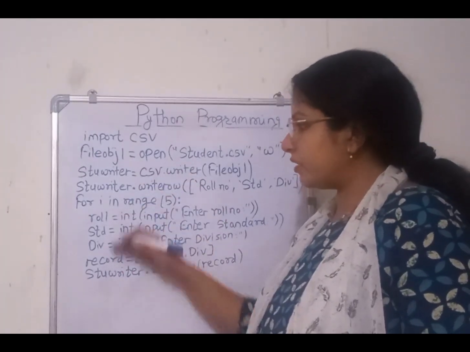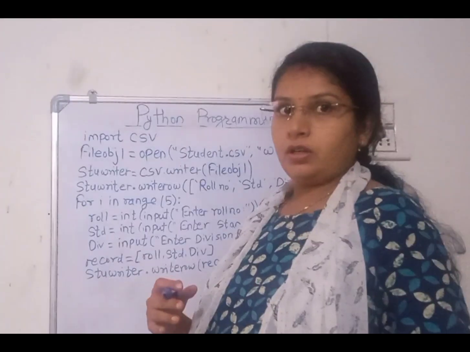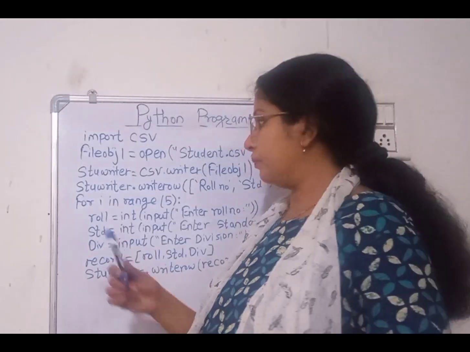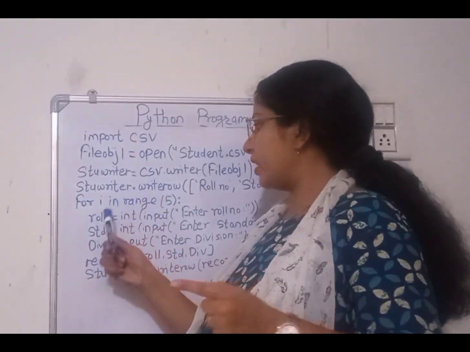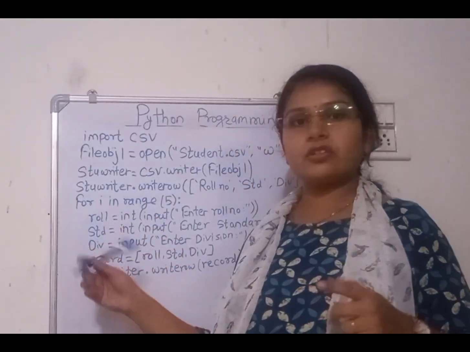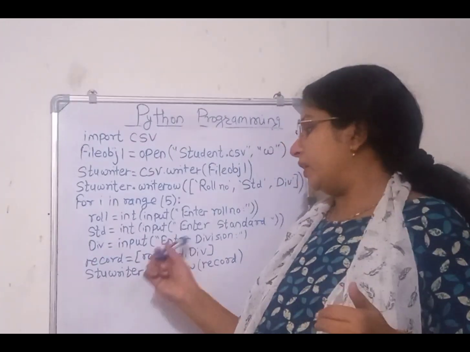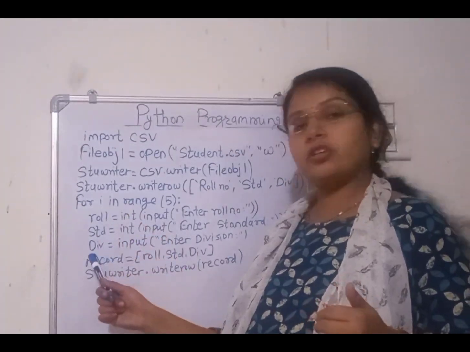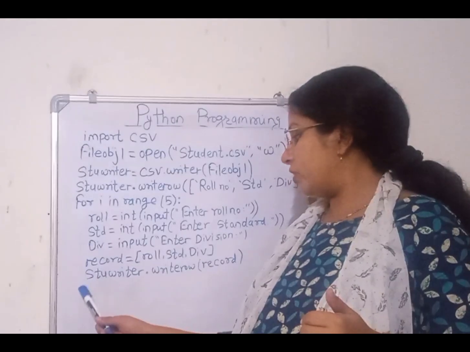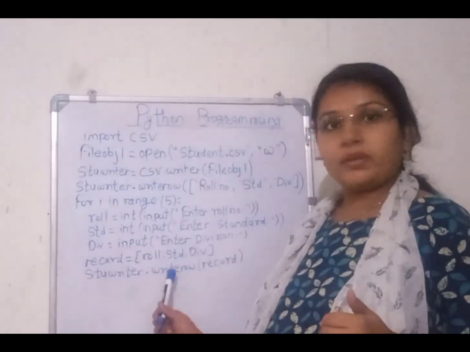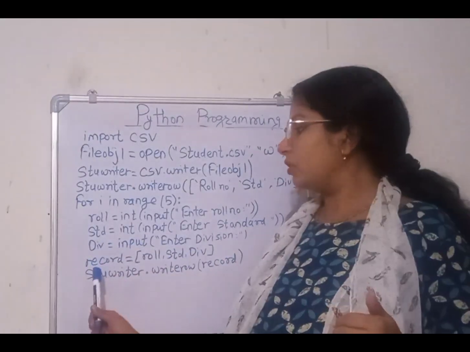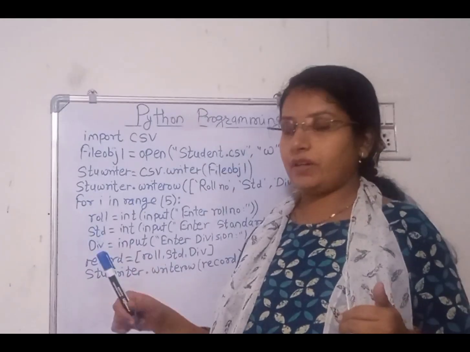So this will be done 5 times. You know the working of the for loop. So the first time you are taking roll number, standard, division from the user, you are placing those 3 attributes into a record, and then you are calling the write row method and writing this record to the stu writer, your CSV file.